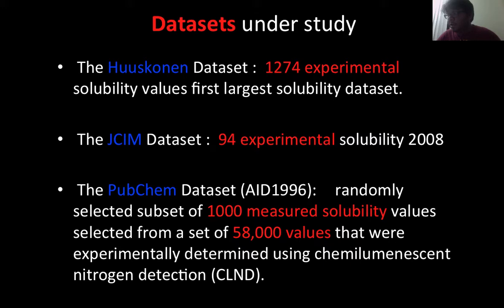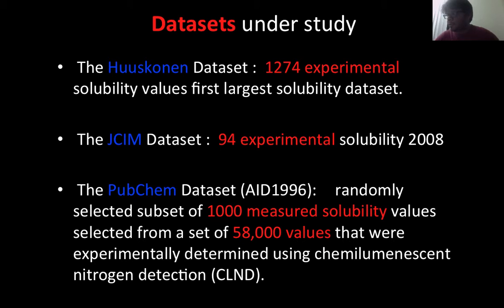And another one is the PubChem data set, which is a subset of a 58,000 data set. That's most probably the AID 1996 in the PubChem bioassay data, and they've created a subset of 1,000 values for this exercise.